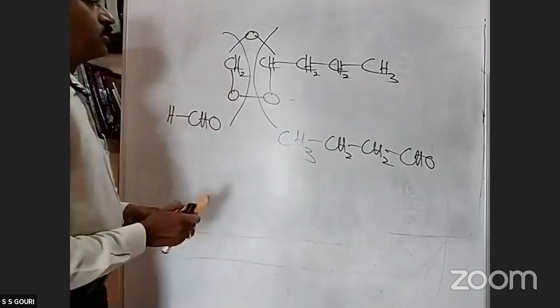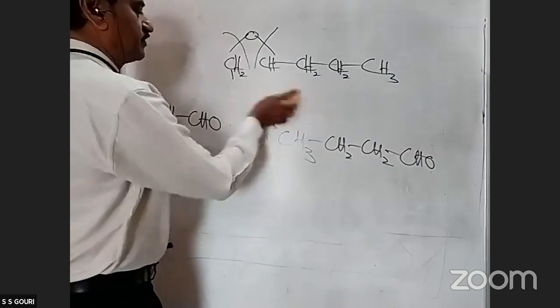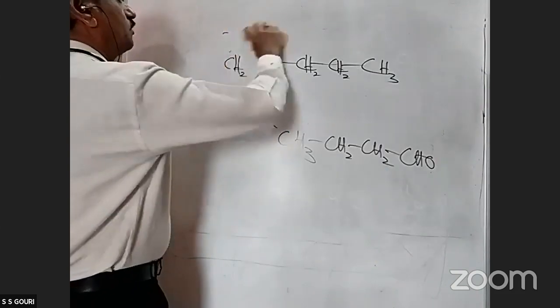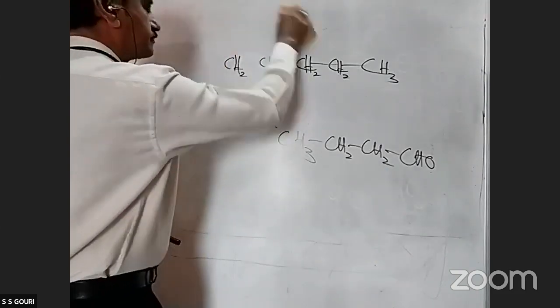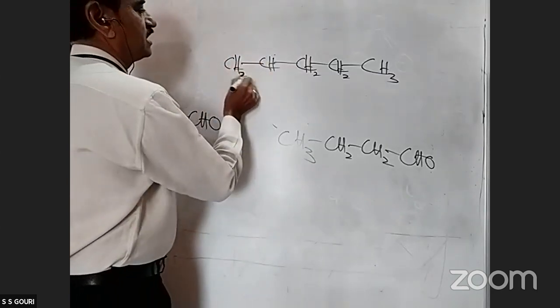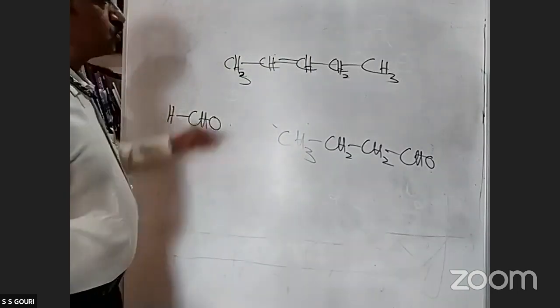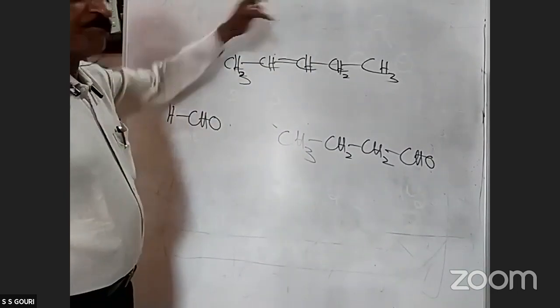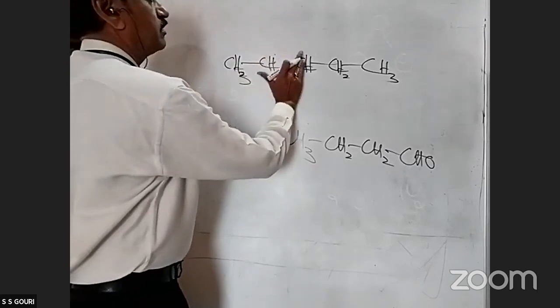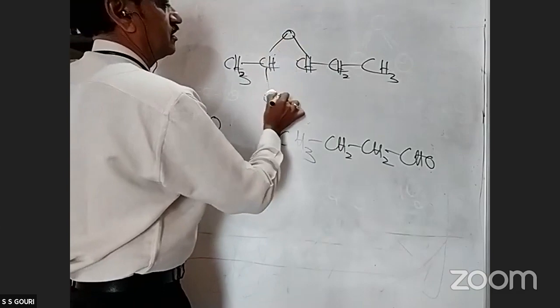If the double bond were on the second carbon atom, for example, if this is a single bond and this is a double bond, ozone attacks here. And what unstable ozonide do you get? Like this.